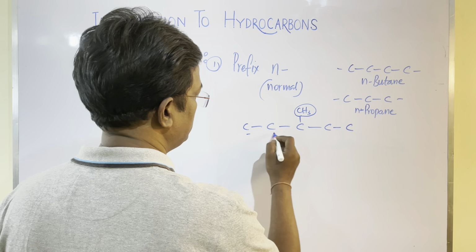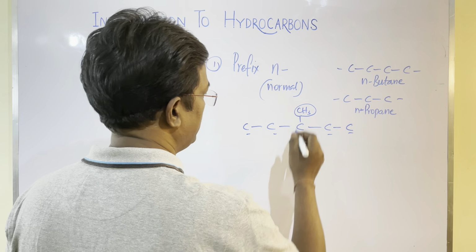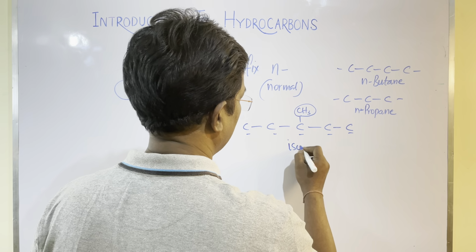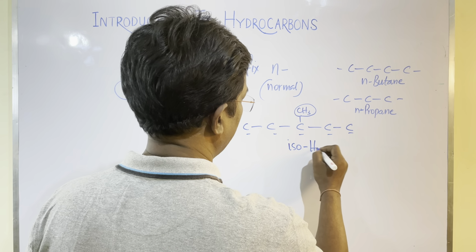So it is 1, 2, 3, 4, 5 and 6, so it will be isohexane.